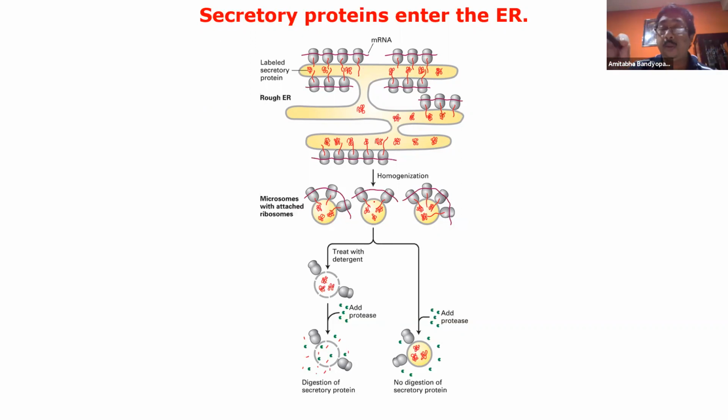They will be resistant to proteases if you just add protease, but if you first destroy the lipid bilayer, they will be accessible to the protease and will be degraded.